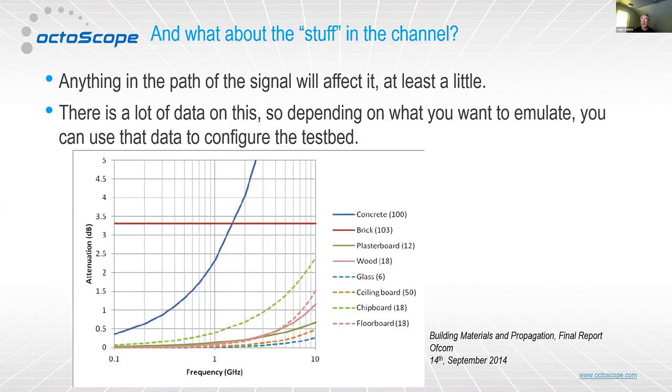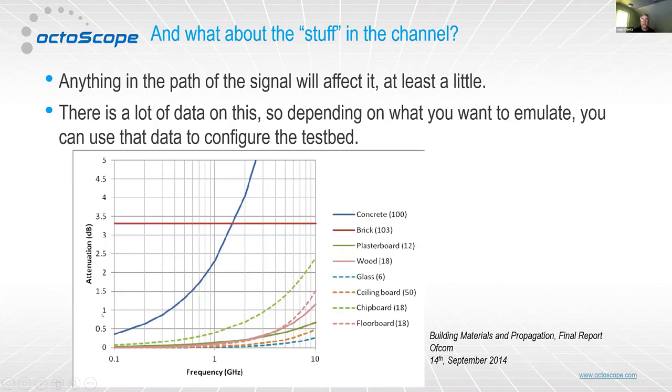So suppose you have a transmitter and receiver separated by a pane of glass. What does that look like? Well, that pane of glass will affect the signal level that the receiver is going to see by a certain amount, depending on the frequency. And that is actually shown in this chart here.